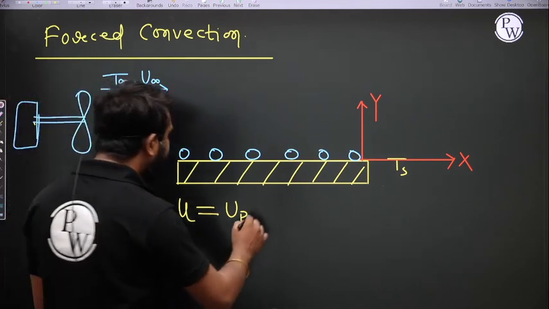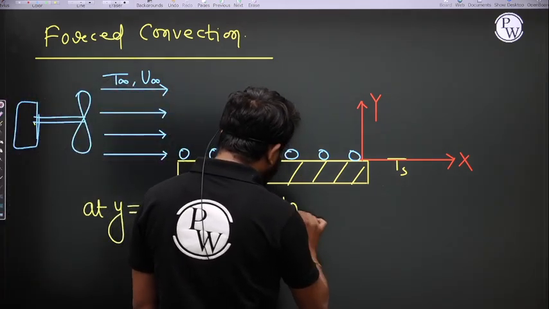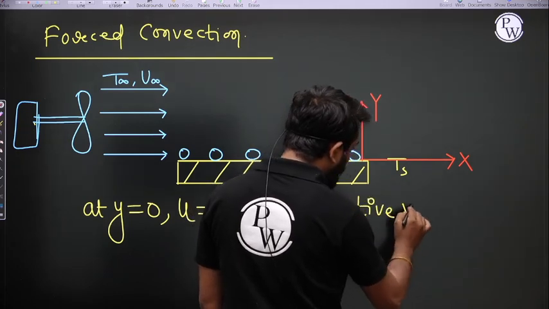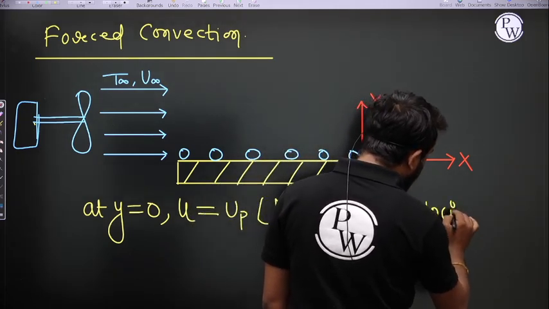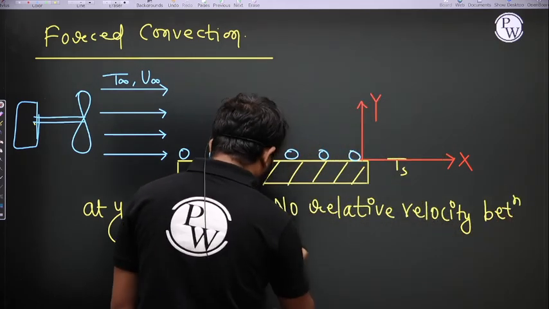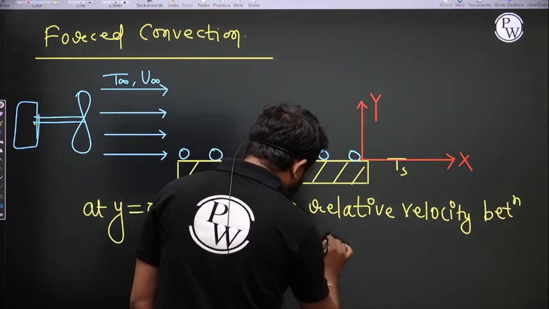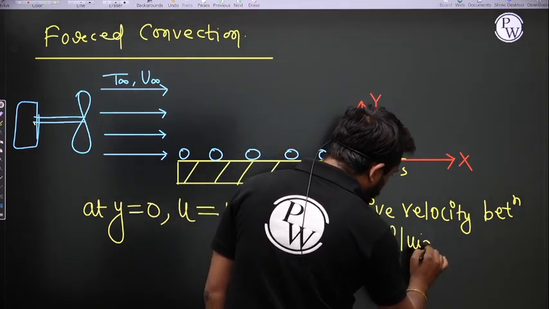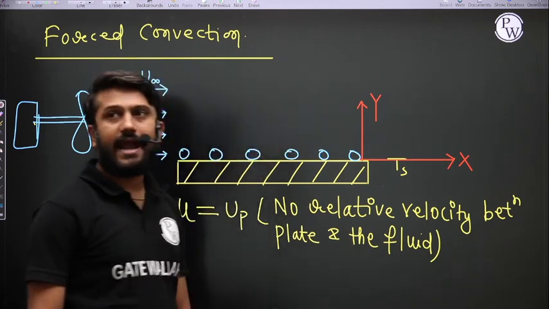That means there is no relative velocity between the plate and the fluid.